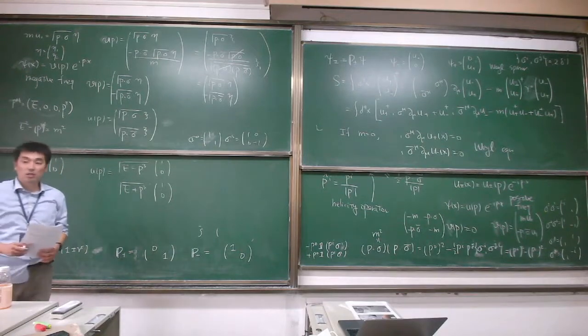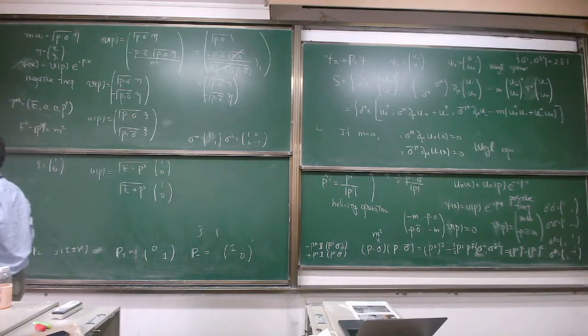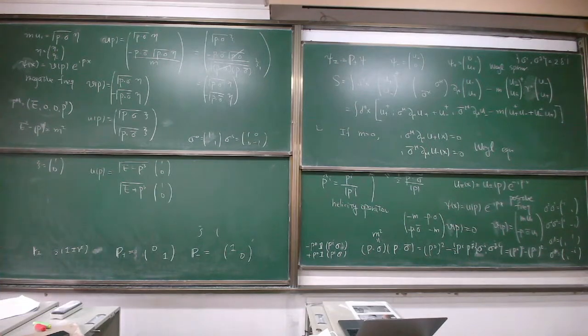Yes, square root of P·sigma means that we diagonalize the matrix and take the square root of the eigenvalue. That means, how can we take the square root of the matrix?